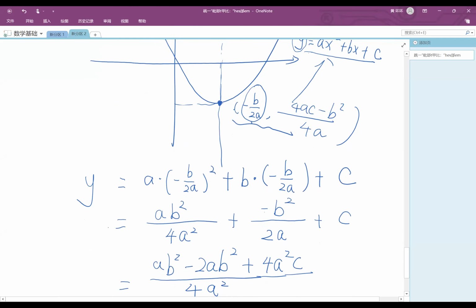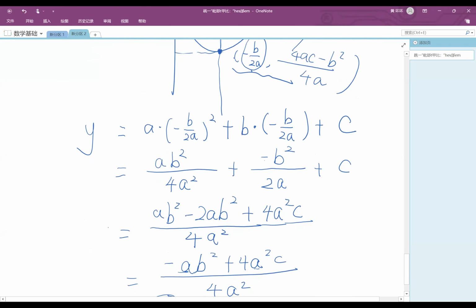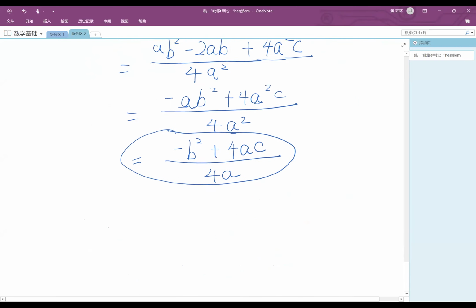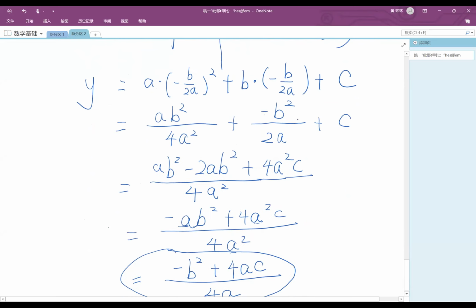Last line, I could not understand. Okay, the last line. Yes, this one.